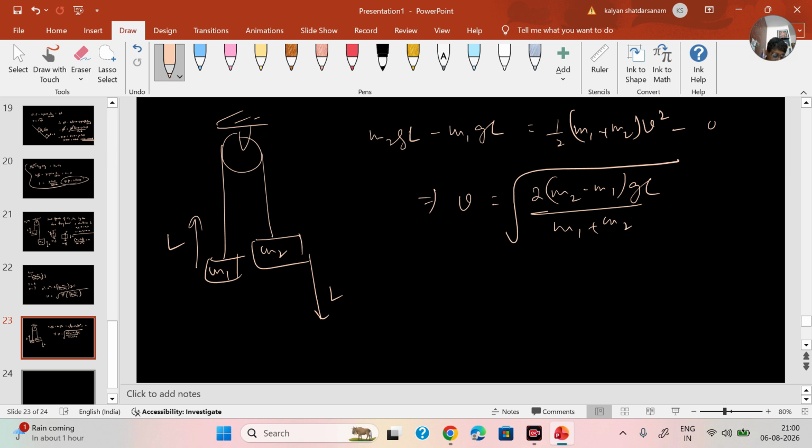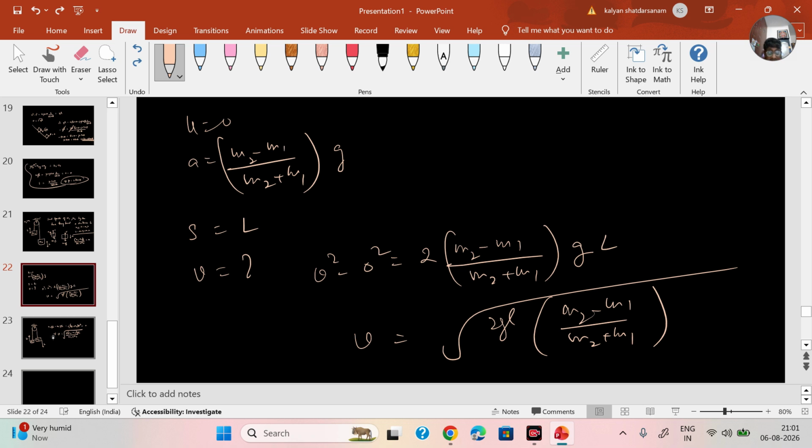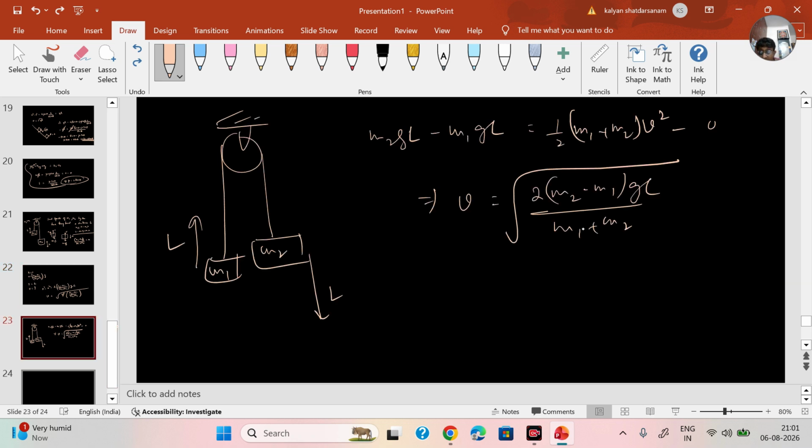So work done by M1G will be minus M1GL, because M1G is down and displacement is up. Similarly, work done by M2G will be plus M2GL. I wrote both. It will be the change in kinetic energy. Tension as a whole doesn't do work. So the same result you see, 2GL into (M2 minus M1) by (M1 plus M2), but you got it much faster, in one step.